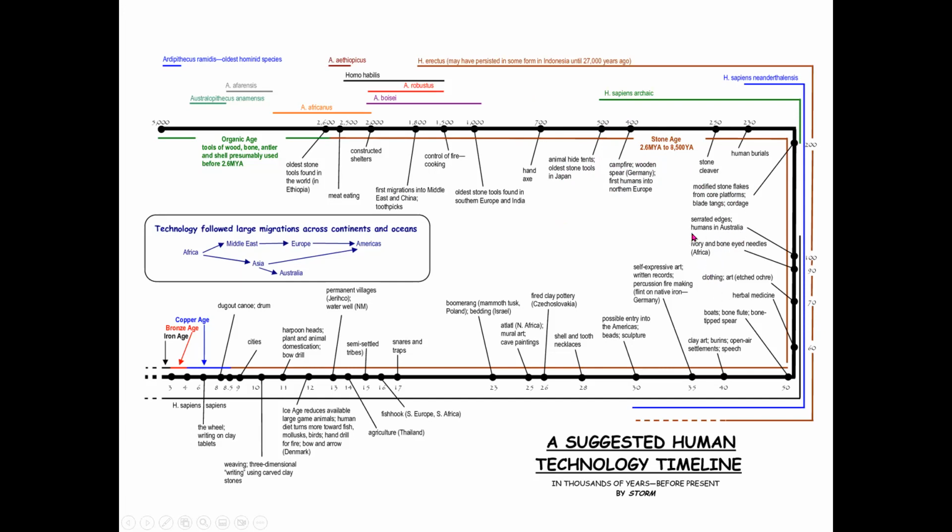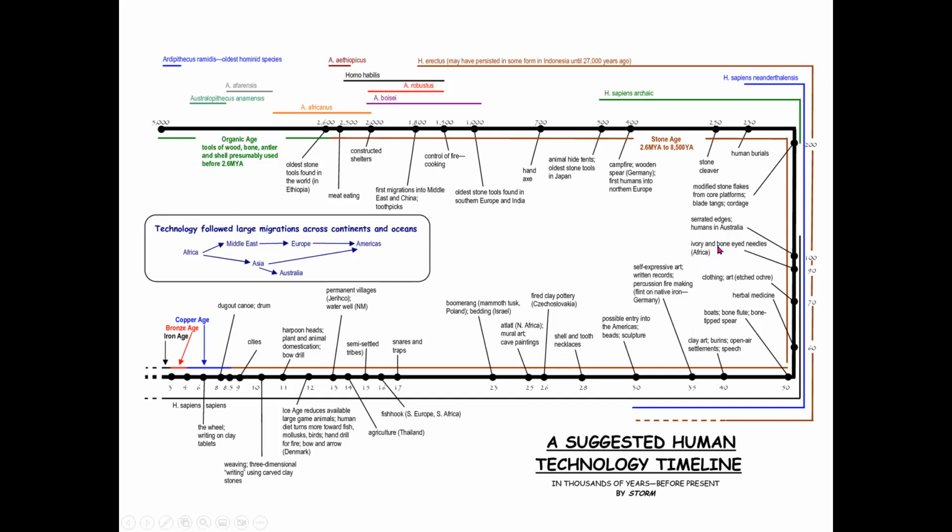Now in Australia, they found serrated edges, so they were able to not only take flint, the type of stone that you can use as spearheads, and use it for tools, but they were also able to serrate it so they can cut better. So that was a very early development there.